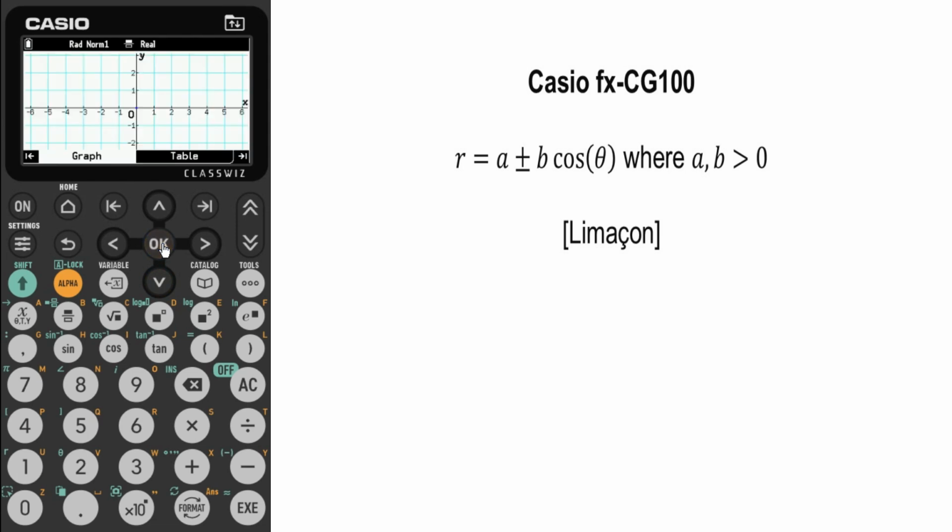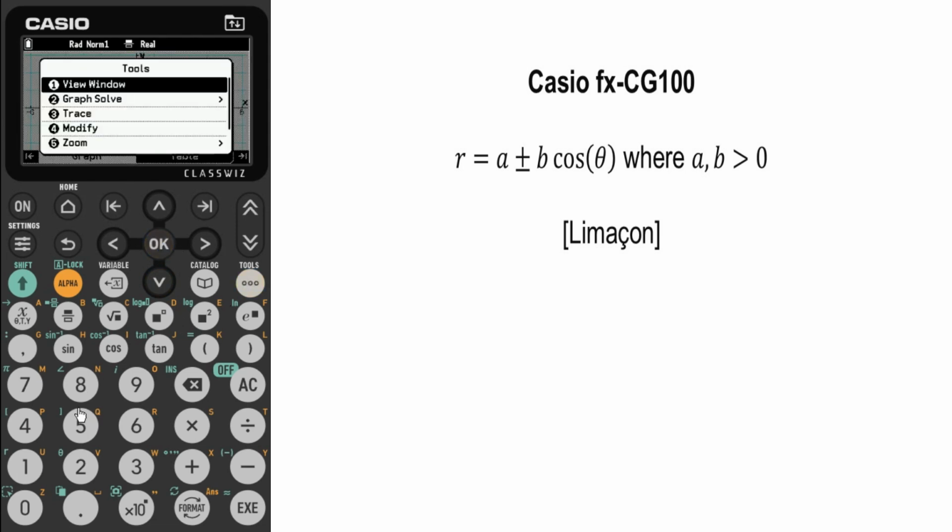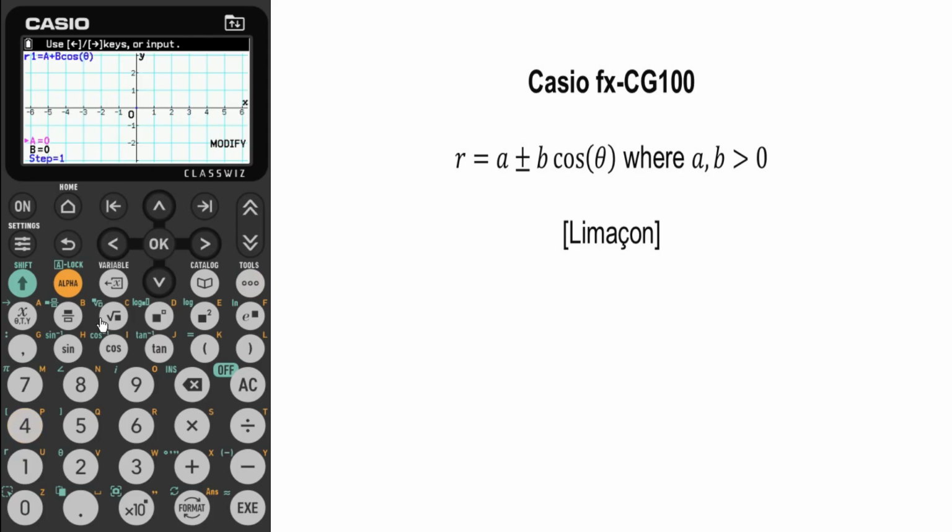Let's draw this graph. Let's press the tools key, the fourth option for modify. Let's vary a and b. Now so far we know that a and b both have to be greater than 0. So let's change those accordingly.